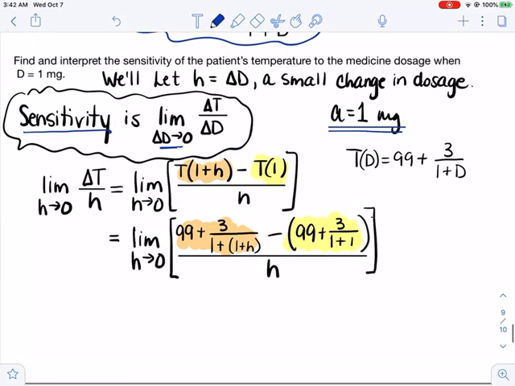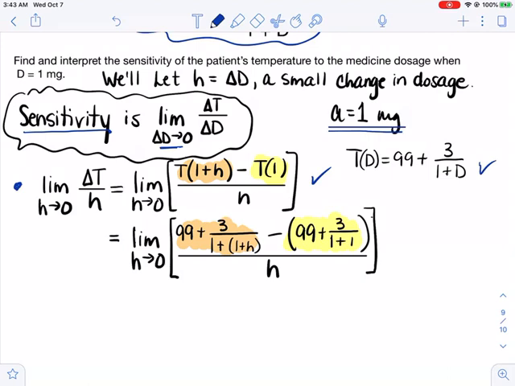So we set up the limit as h goes to 0 of delta T over h. We're letting h equal that small change in the dosage. So we set up our functional notation so you can see what I'm doing. And since this is our function over here, T of D, we're first taking D and replacing it with 1 plus h, and then we take D and replace it with 1 for the second one.